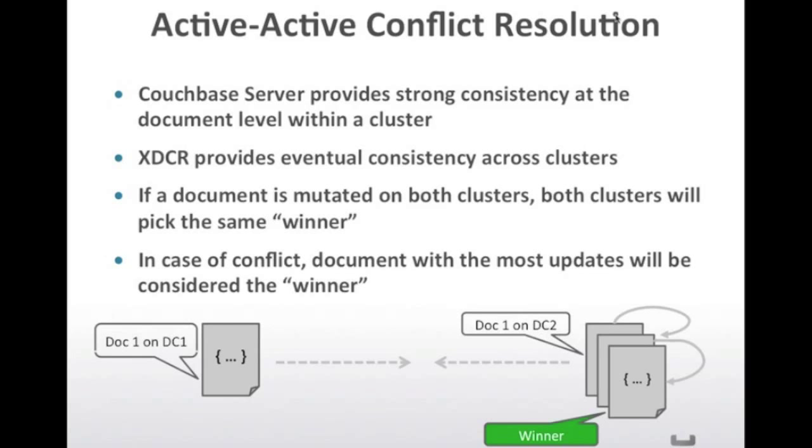You could have a question, what if there are the same number of updates on both sides? Then we have conflict resolution based on revision, on CAS values, on sequence, things like that. And that's what we have today for conflict resolution. But the important point to note is we will pick a winner, and the winner will be the same on both sides. So you will not have inconsistency. You will have an eventually consistent representation on both your clusters.